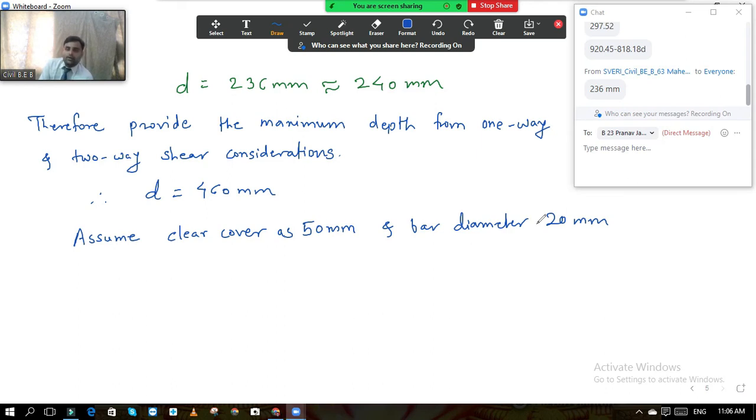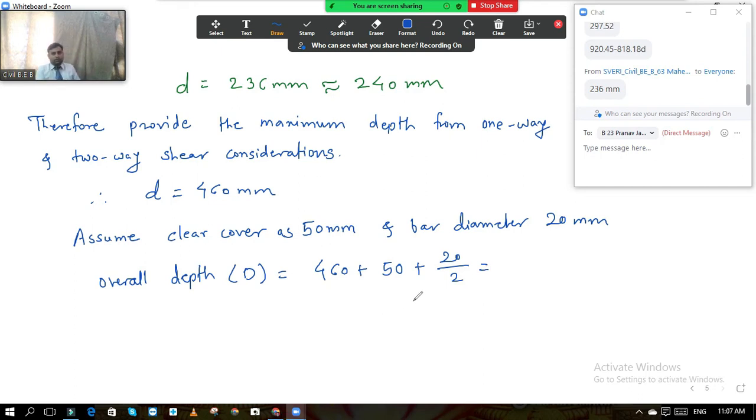We will provide 20 mm bars. Now what will be our overall depth? Overall depth capital D is equal to effective depth 460 plus 50 clear cover plus half of bar diameter. Let me know the answer.